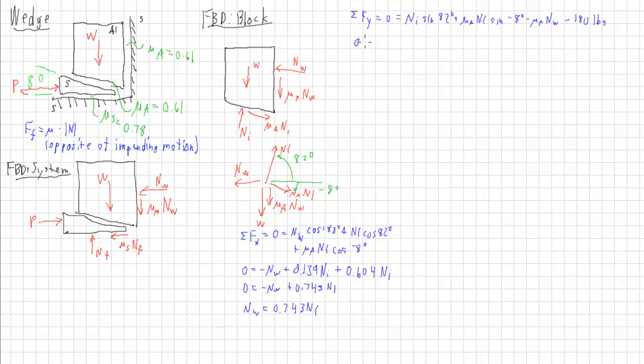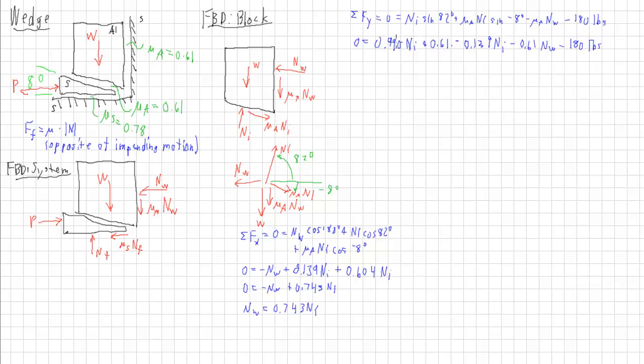So 0 equals the sine of 82 degrees is 0.99, multiply that times Ni, plus 0.61 times negative 0.139 Ni, minus 0.61 NW, minus 180 pounds.